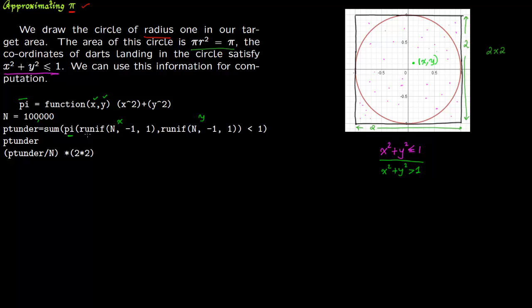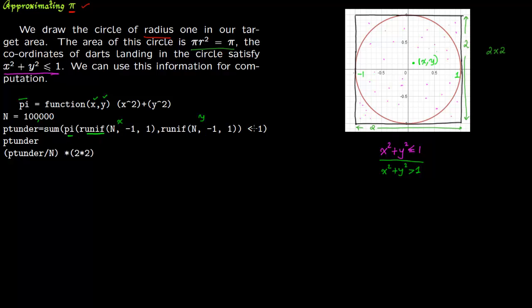Again, for the x coordinate you're drawing random numbers from a uniform distribution. R for random, unif for uniform. x lies between -1 and 1, and similarly y also lies between -1 and 1. And this should be less than 1.